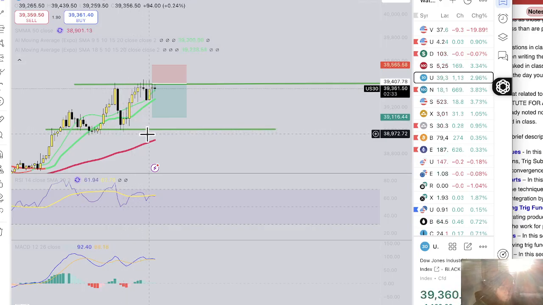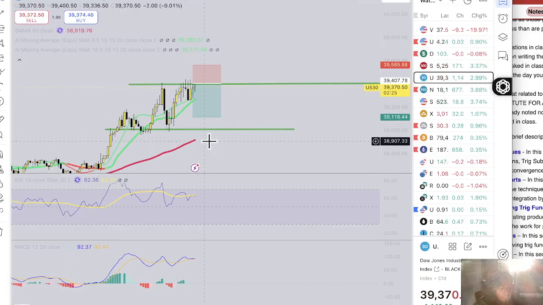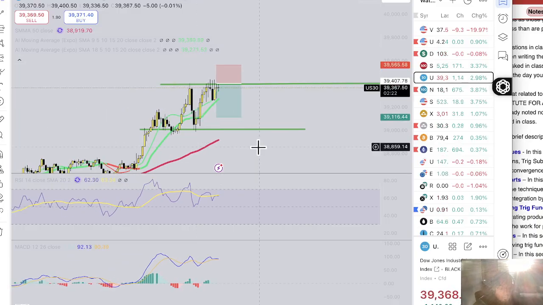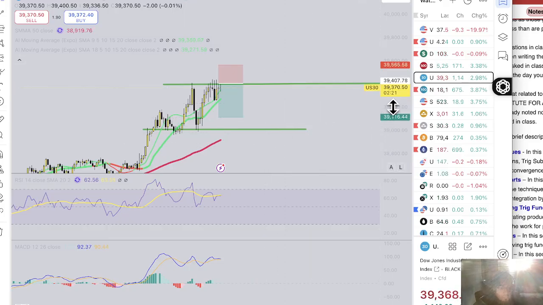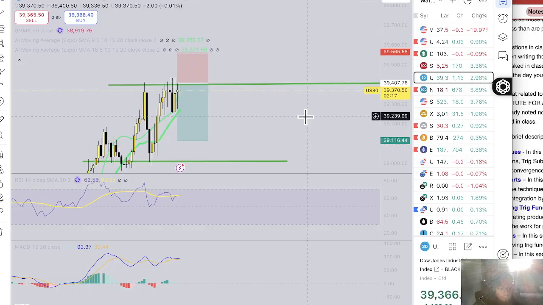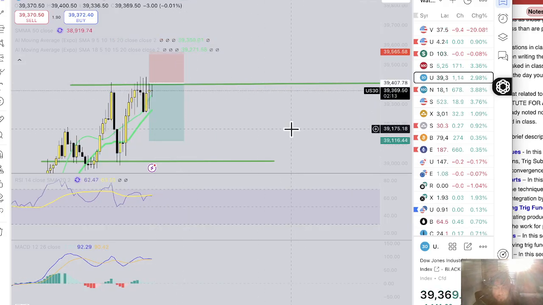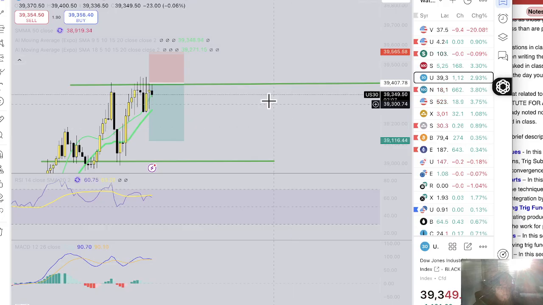That can be a small buy, but I would consider not buying in this market right now, just because of how sensitive it is. But we'll see how this trade goes out for us. It's a good trade to look at, I believe so.